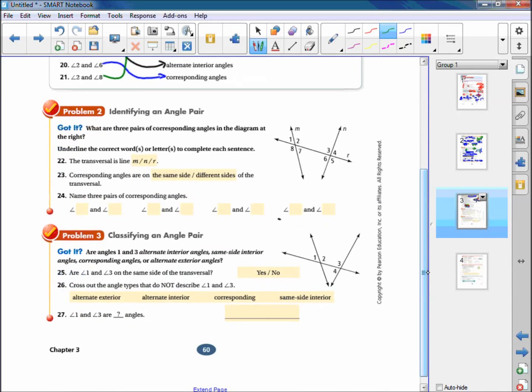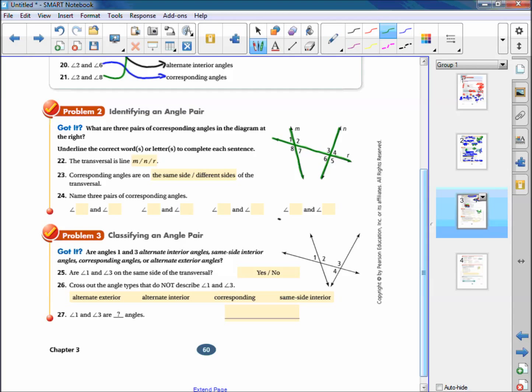All right, problem number 2, identify the angle pairs. What are 3 pairs of corresponding angles in the diagram? Underline the correct word or letters to complete each sentence to help us figure this out. All right, so the transversal is which line? Let's see, well, we have 2 lines that are crossed by another one. So these are the 2 lines, and they're being crossed by this line.